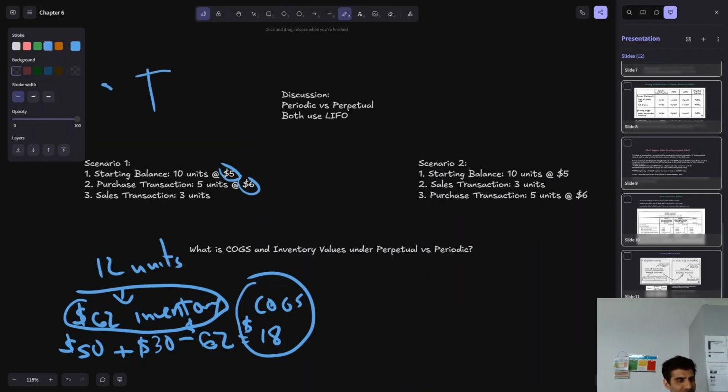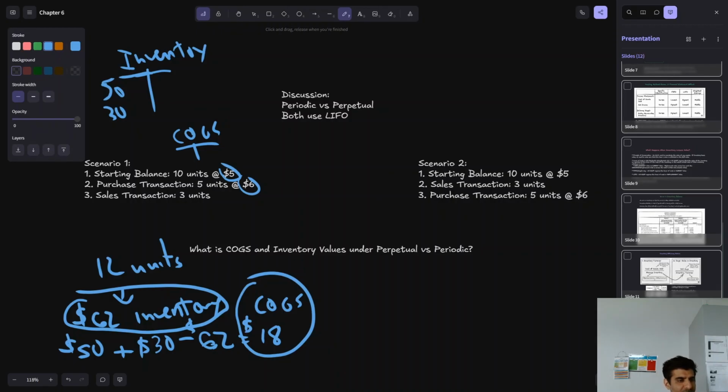For perpetual, we would have had a T account. I'm just going to do the T accounts. For $50 of inventory, the purchase transaction would have been 30, right? The inventory. And then sales transactions, 3 units. Our cost of goods sold, in that case, would have been taking 3 units from the latest one.